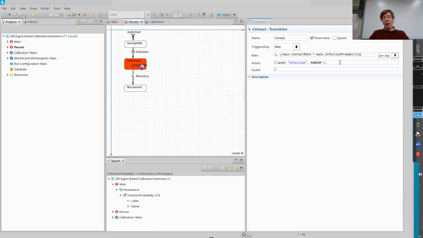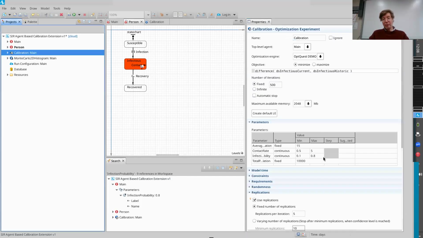So what's really the operative parameter, the conceptual parameter that matters, is the product of these two. Changing both of them, you're going to get the same result as if you kept one constant and changed the other. Here, we're treating it as 2 degrees of freedom in this calibration, but in fact, it's 1 degree of freedom. It's just the product of the two that matters.